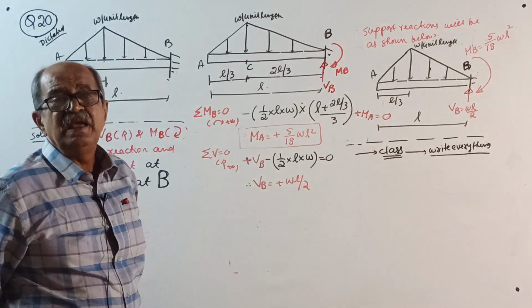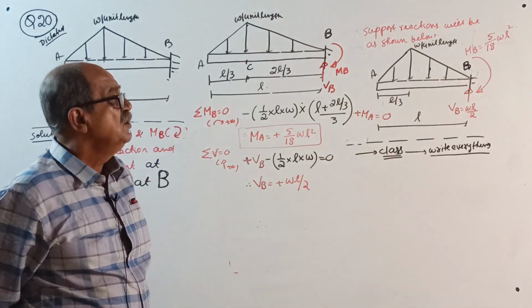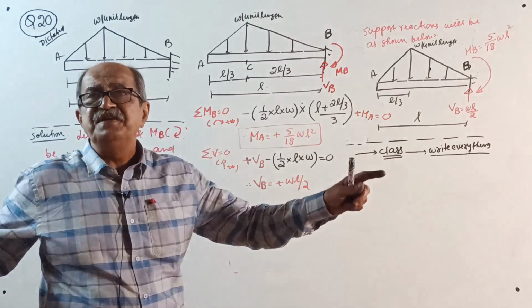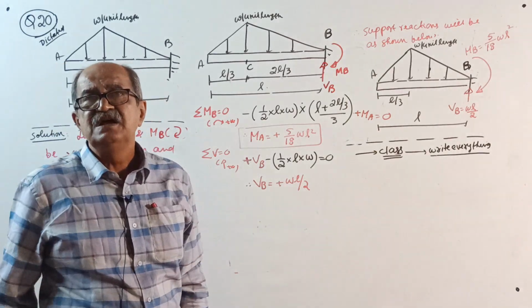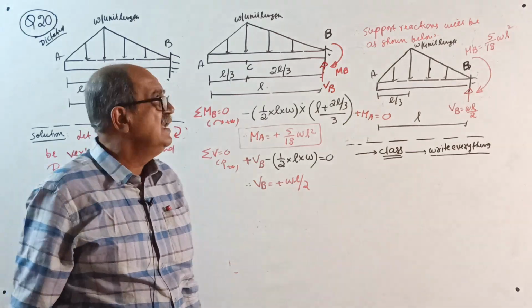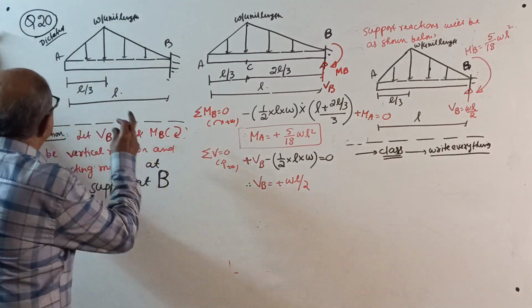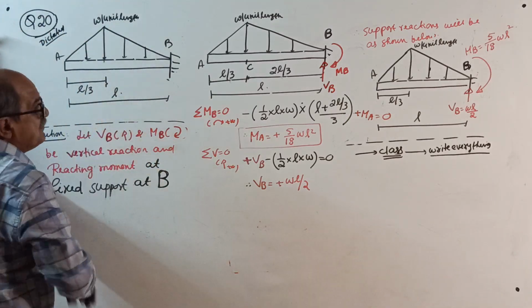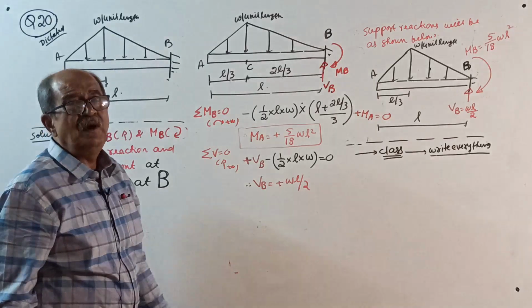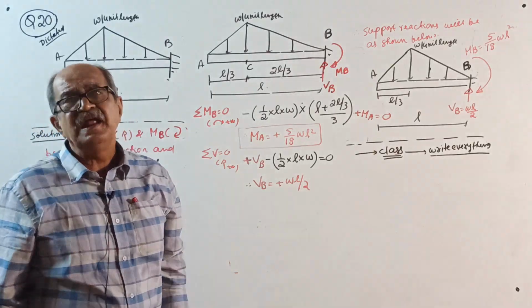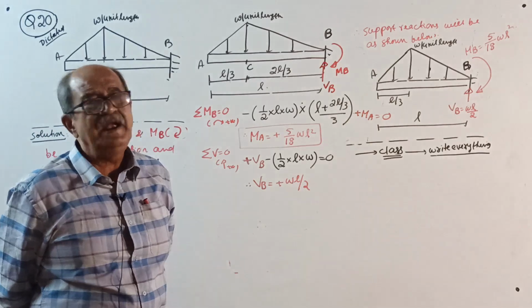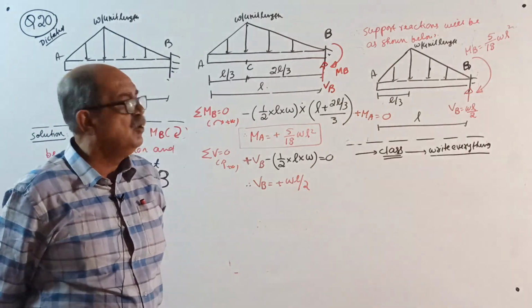It is loaded by a uniformly varying load which has zero intensity at both the ends and maximum intensity of W per unit length at a distance of L by 3 from free end, or from, now I can tell, not free end, I can tell from left end also. Okay, you write from left end, over.